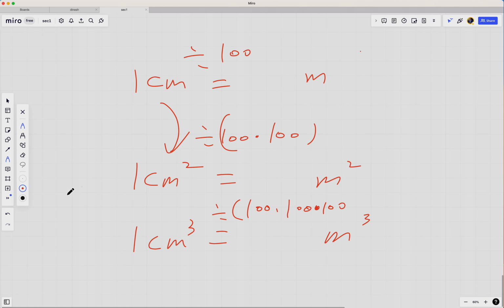Then you just use your calculator to get the answer. You don't have to use your brain to figure this out, because it's too much. So basically you have 1 over a million. Then you use your calculator to give you the decimal number, or you can leave this as a fraction.